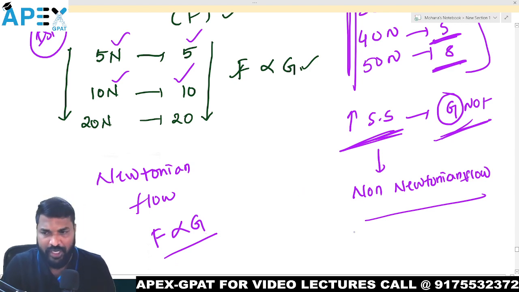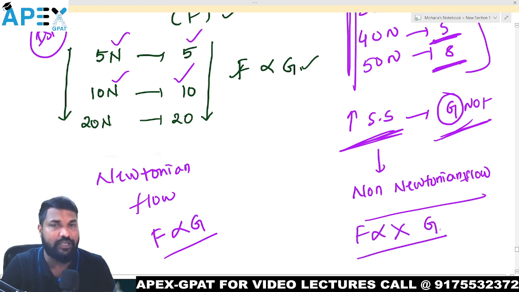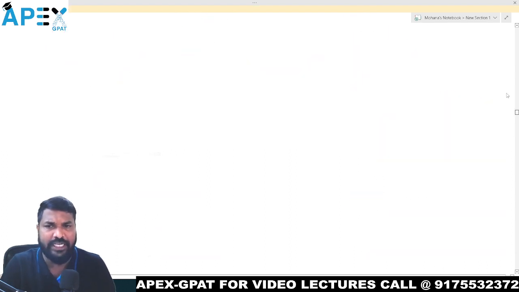In the non-Newtonian flow, shear stress is not directly proportional to the rate of shear. This means if you increase the force, the rate of flow, the rate of shear, is not increasing proportionally. So that is Newtonian flow and non-Newtonian flow. Now we will talk about this in more detail.